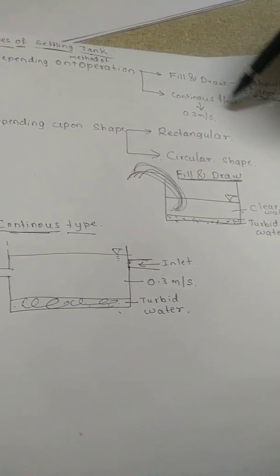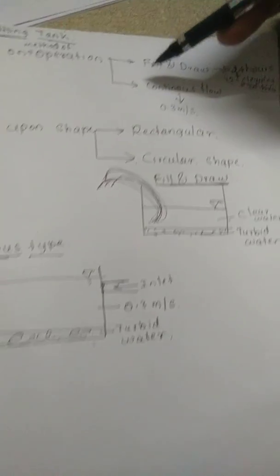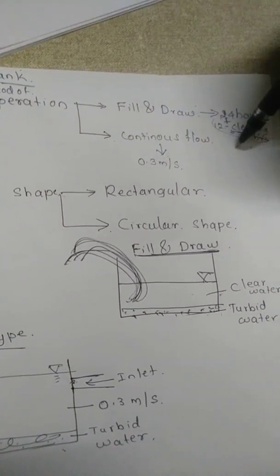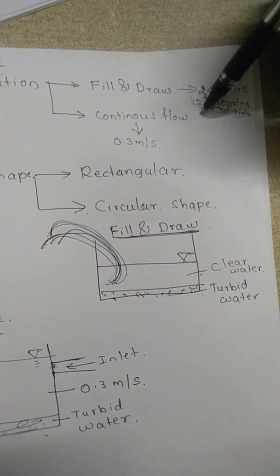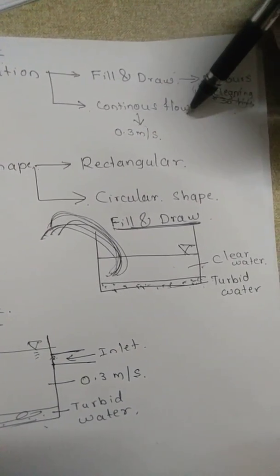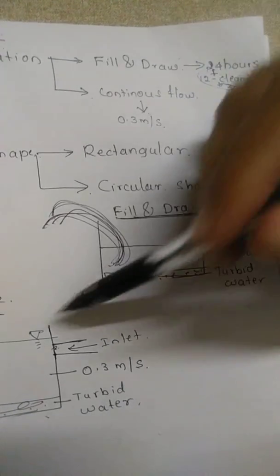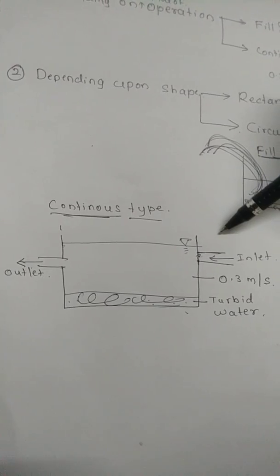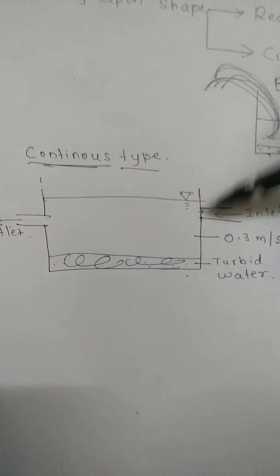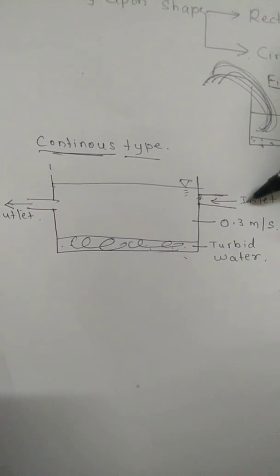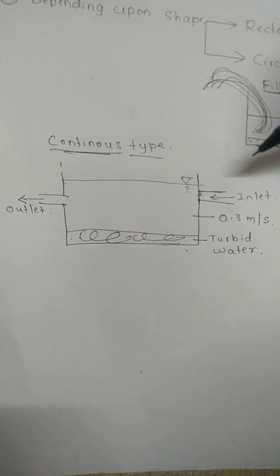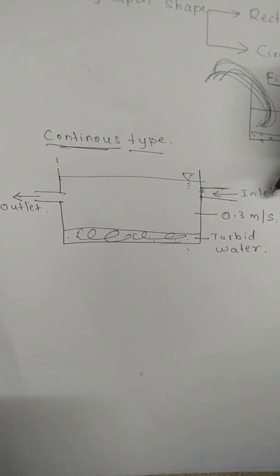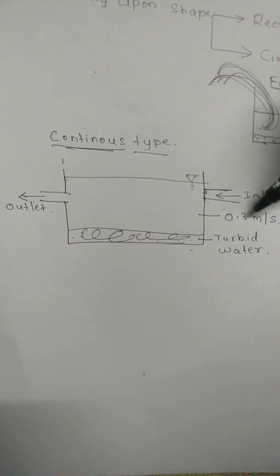Then coming to the continuous flow type of sedimentation tank, as the name indicates, it has continuous flow. Here in this tank, we are going to have the water in a sedimentation tank, but it is going to have an inlet and outlet. Here we are going to control the velocity.